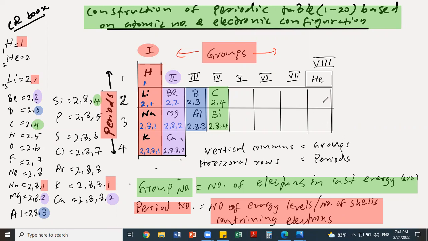Vertical columns are called groups. Horizontal rows are known as periods.